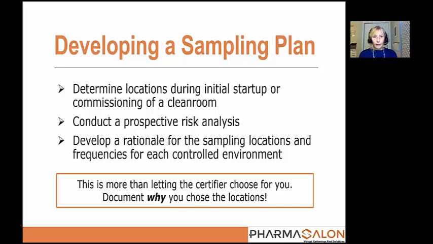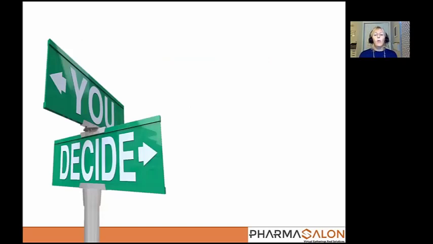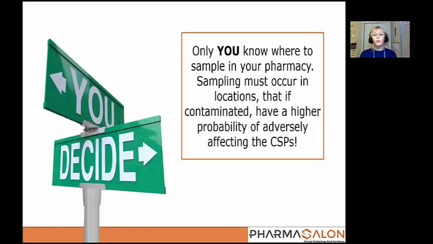What I want to point out here is that this is more than letting a vendor, which is typically your certifier, choose for you. So you want to document why you chose the locations based on risk and what goes on within that particular compounding environment. This is so important that you decide, and the reason is because only you know where to sample in your pharmacy.